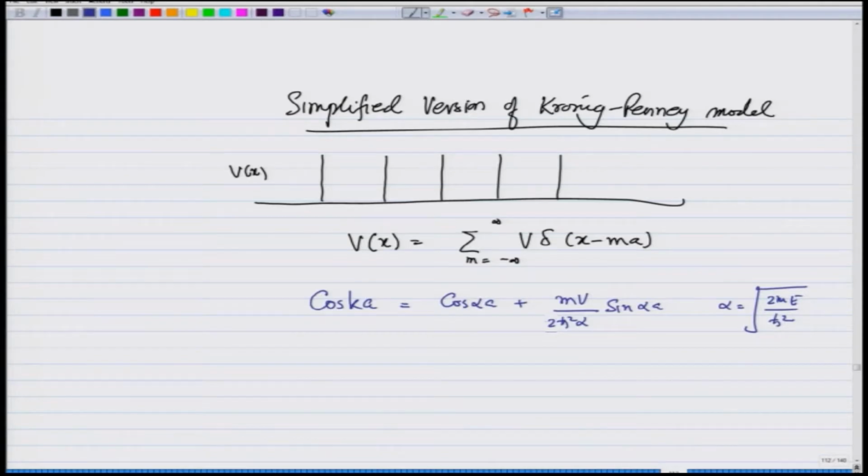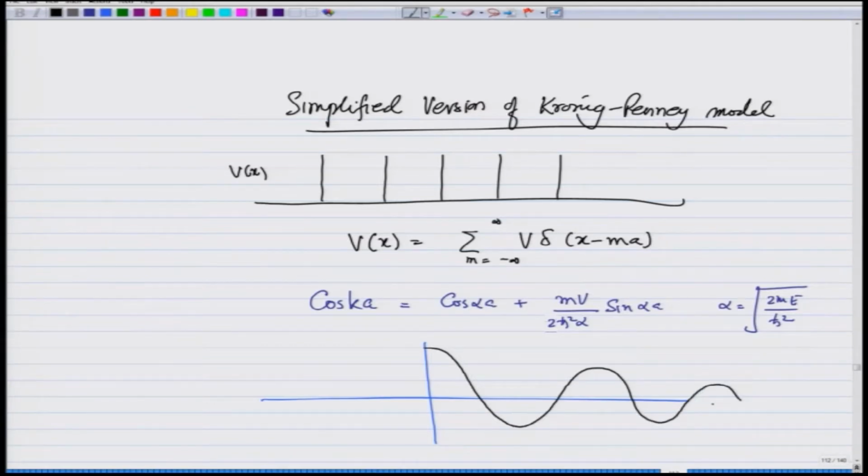This leads to a picture for the satisfaction of the equation like this. Energy bands exist because the right hand side should be between -1 and 1, and therefore, energies exist only in these bands.